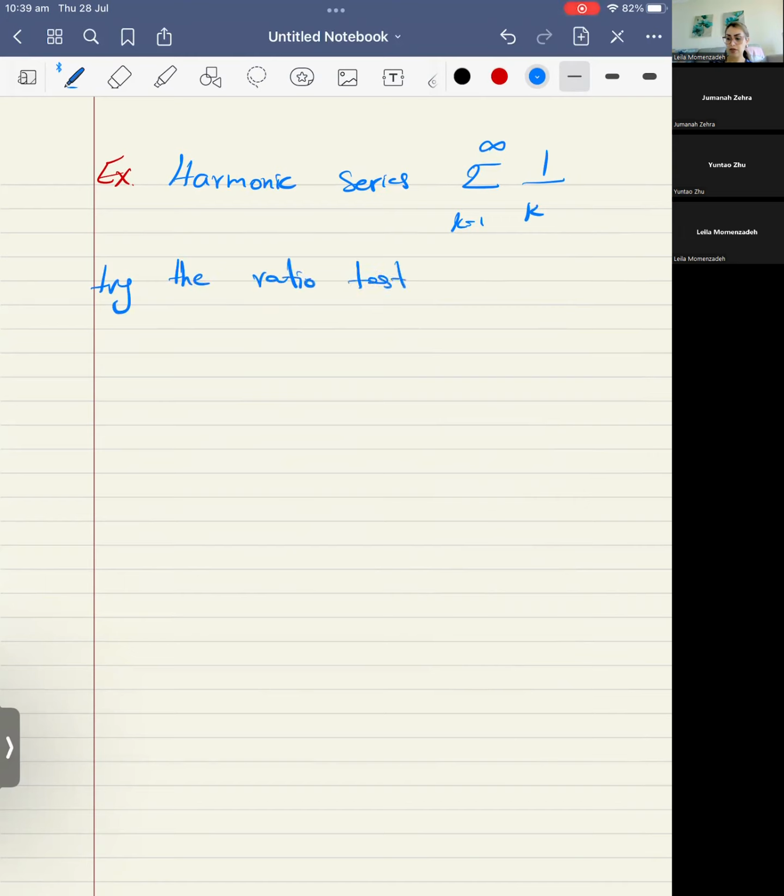What does the ratio test mean? It means L equals the limit as k goes to infinity of a_{k+1} over a_k. Could you please do this one?